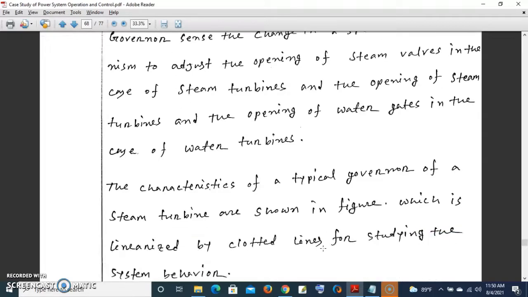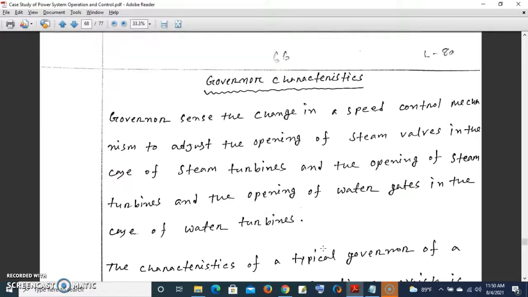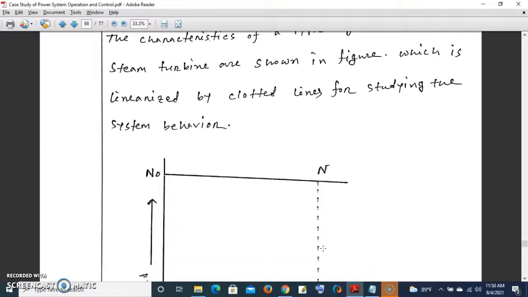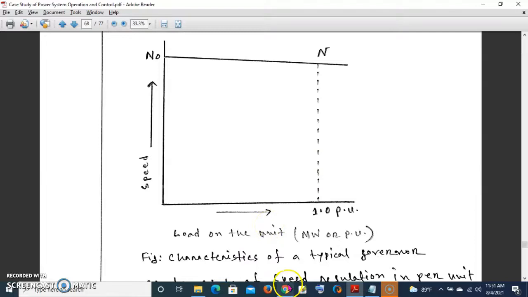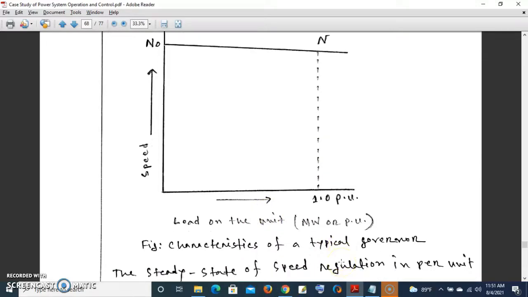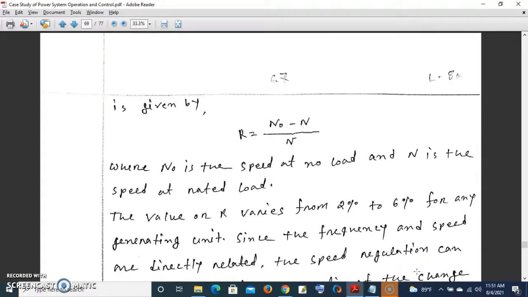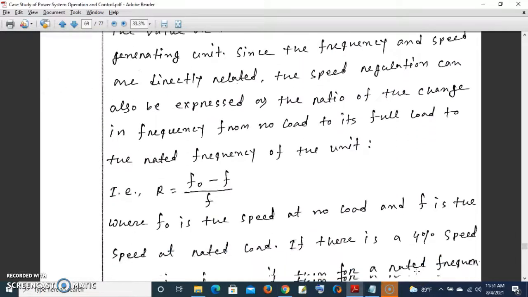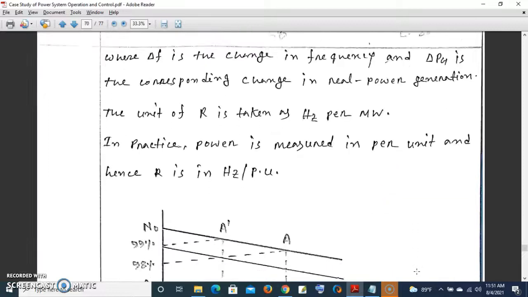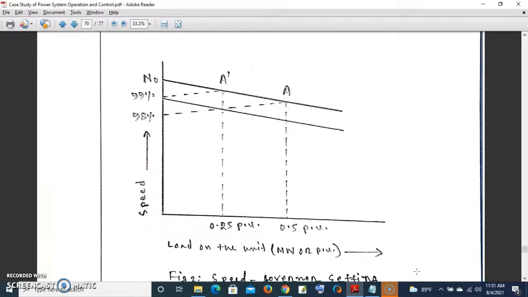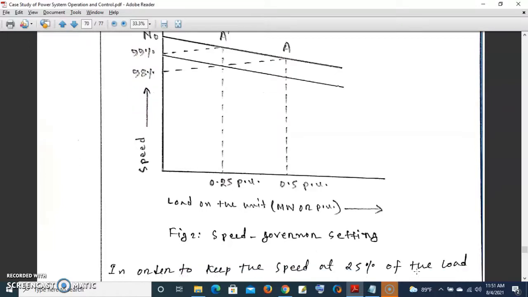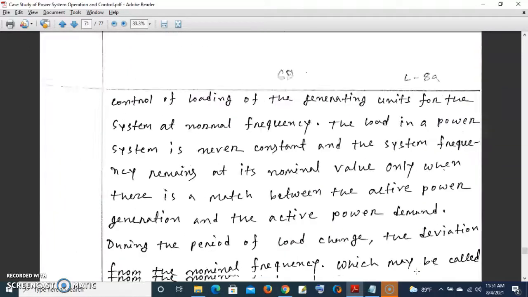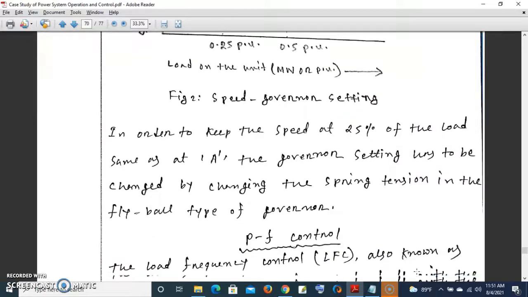Governor characteristics. It is lesson 8A, and here is the figure. Characteristics of a typical governor to steady state of speed regulation in per unit. Here is the figure. Speed governor setting and PF control.